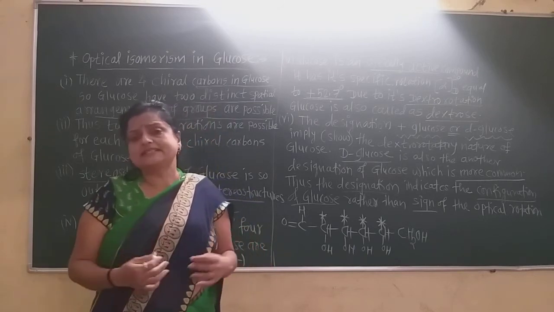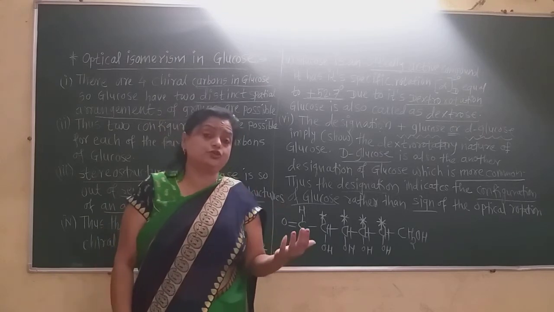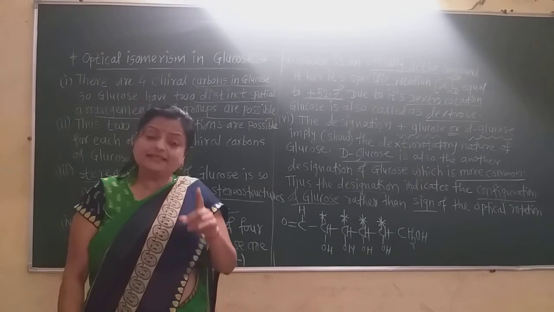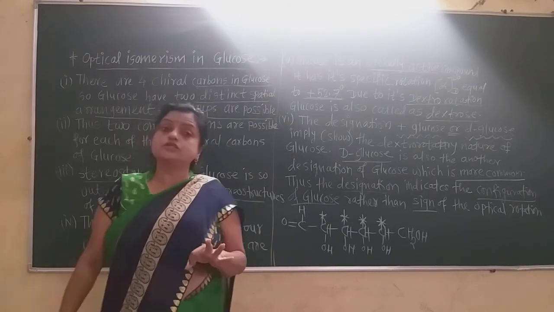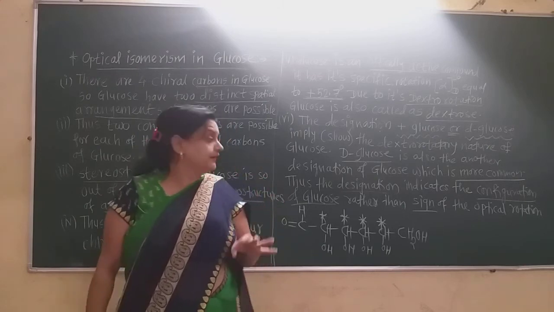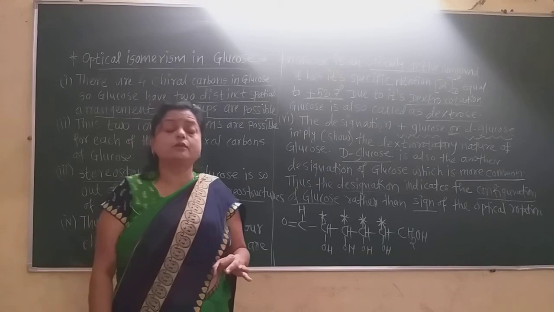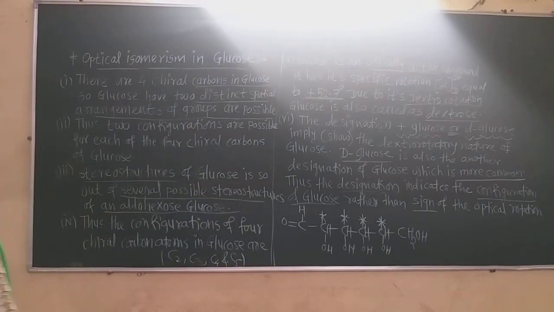Now the plus sign shows the dextrorotatory rotation, clockwise direction, and the minus sign shows the anti-clockwise direction, but rather than the sign, the designation D-glucose shows the configuration of glucose. Now this is about the optical activity of glucose. Now let us see how the optically active structures arise in glucose.